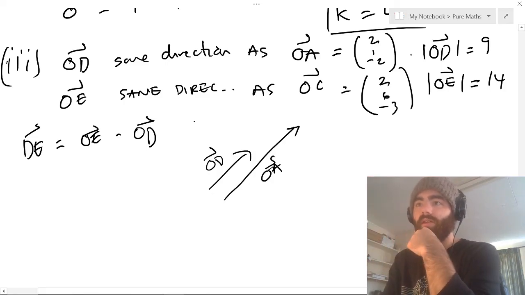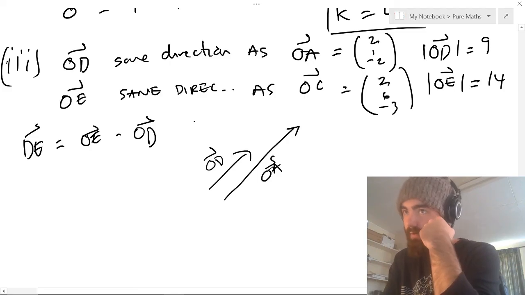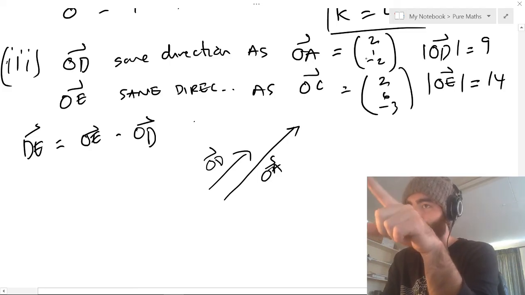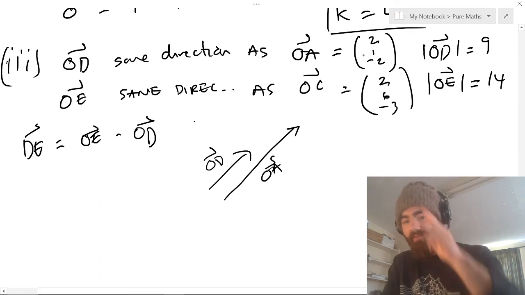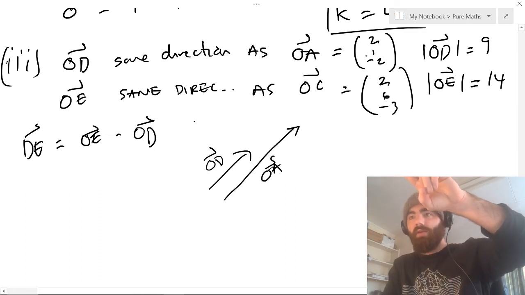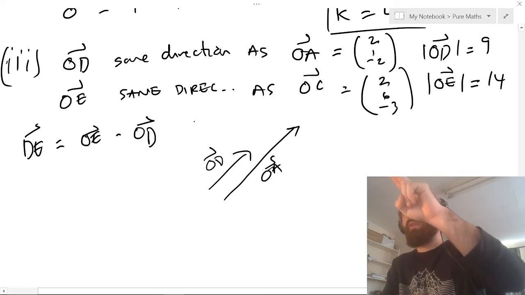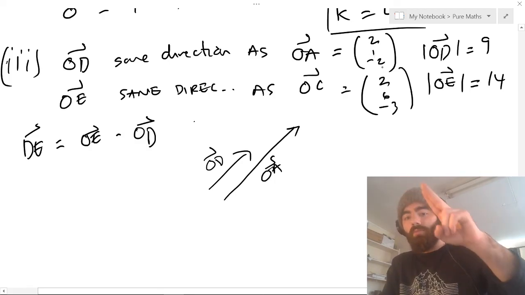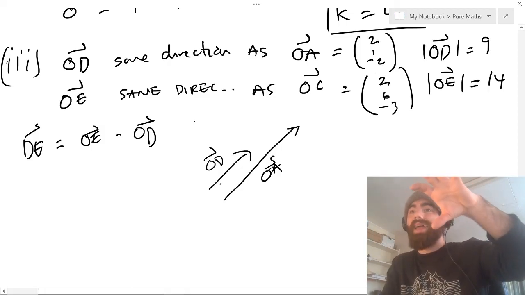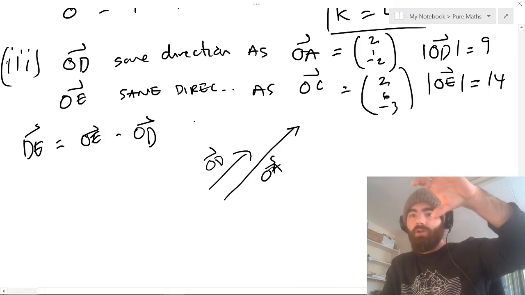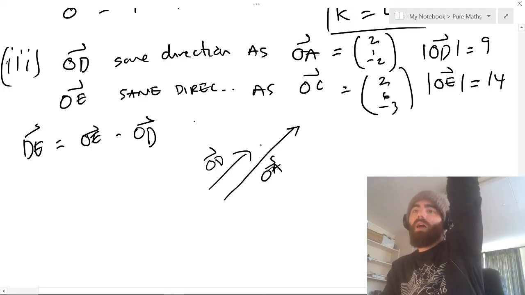So we can say that OD is just some constant multiplied by this direction. Because remember, these numbers here are just a direction in three-dimensional space. You go 2 in the x direction, 1 in the y direction, and -2 in the z direction. That's just some vector pointing in three-dimensional space. And if we have another vector pointing in the exact same direction, it might not be exactly the same as OA, but it could be scaled. It could be smaller, it could be larger, we don't know.